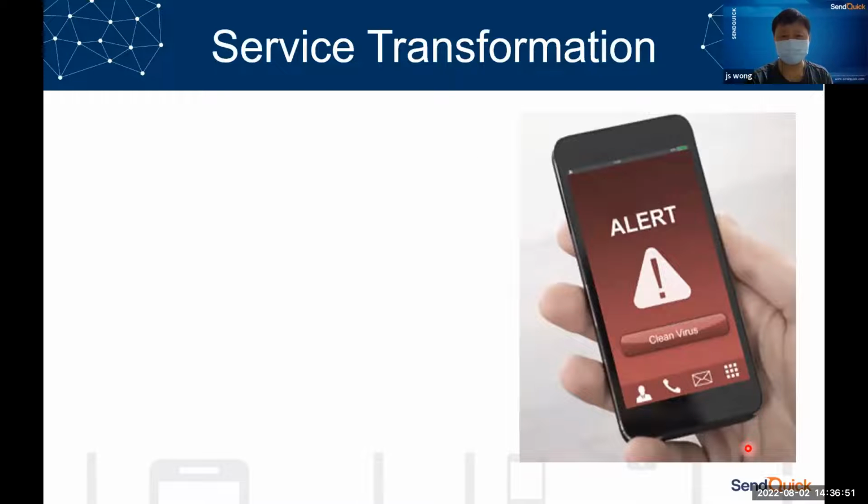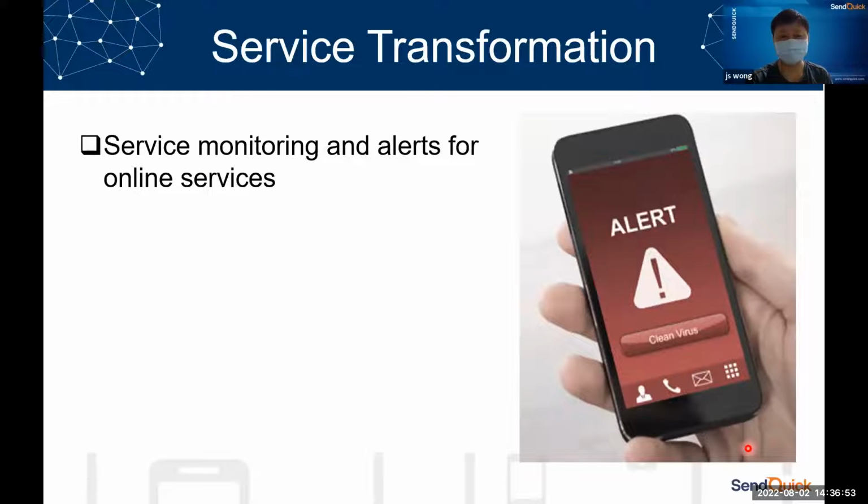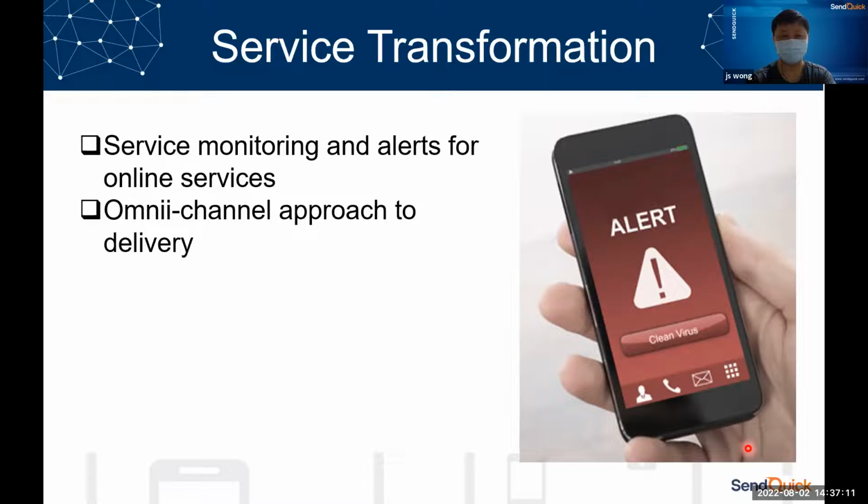In service transformation, you can talk about service monitoring. How do you ensure that your applications are always online, always available? You can actually do it with alerts for online services. A lot of customers do that, where some events impact service delivery, you get a notification on the phone when something happens.